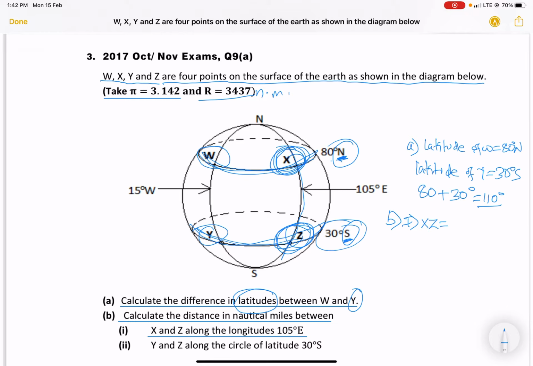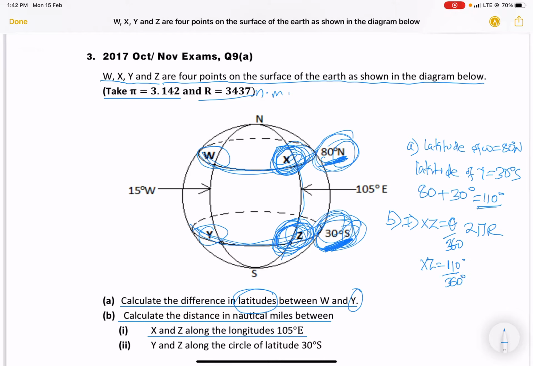Remember, X is on latitude 80 degrees north, Z is on latitude 30 degrees south. So the difference in the latitudes is 110 degrees. So 110 over 360 times 2 times pi, which is 3.142, times the radius of the earth, 3437 nautical miles.